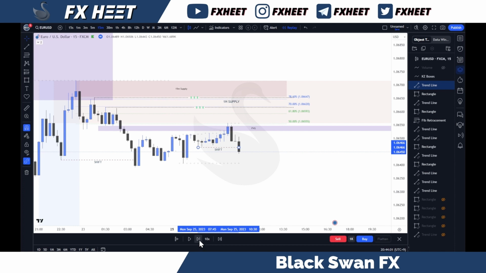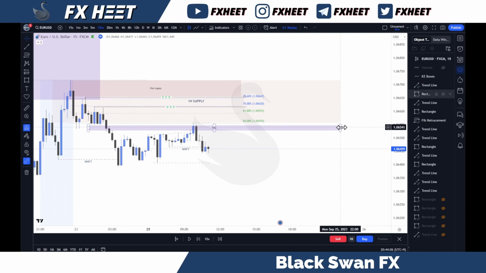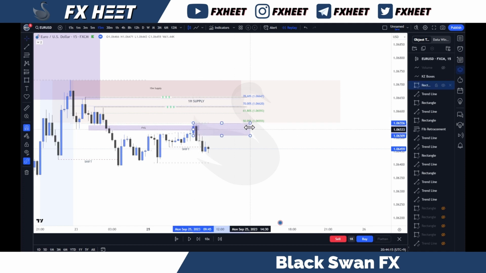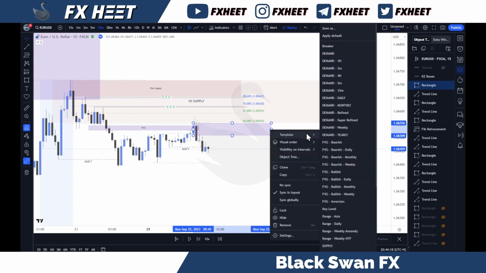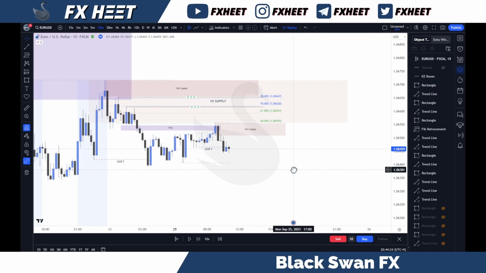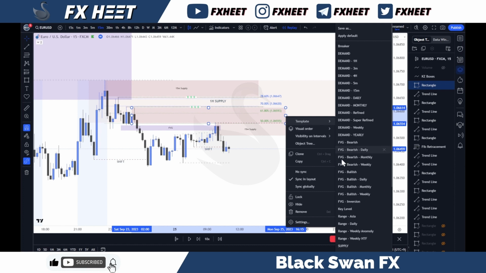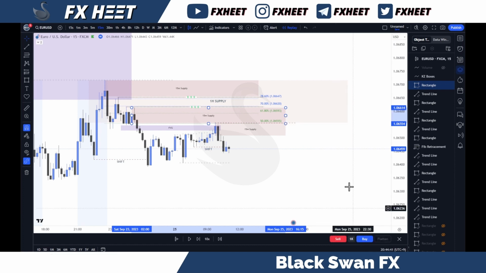We're nowhere near our trading time, but now I could see potentially this supply as a possible area of retest, or potentially a sweep of this coming into here before pushing down.